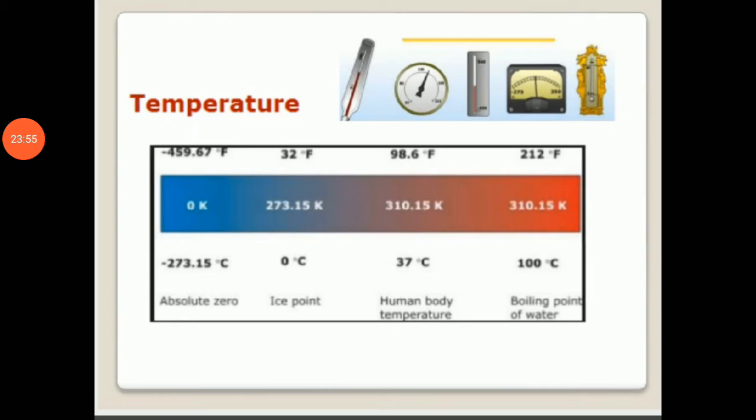At 273.15 Kelvin, the ice point, it is 0 degrees centigrade, and in Fahrenheit, that is 32 degrees Fahrenheit. Human body temperature is 310.15 Kelvin, that is 37 degrees centigrade and 98.6 degrees Fahrenheit. The boiling point of water is 100 degrees centigrade and 212 degrees Fahrenheit.